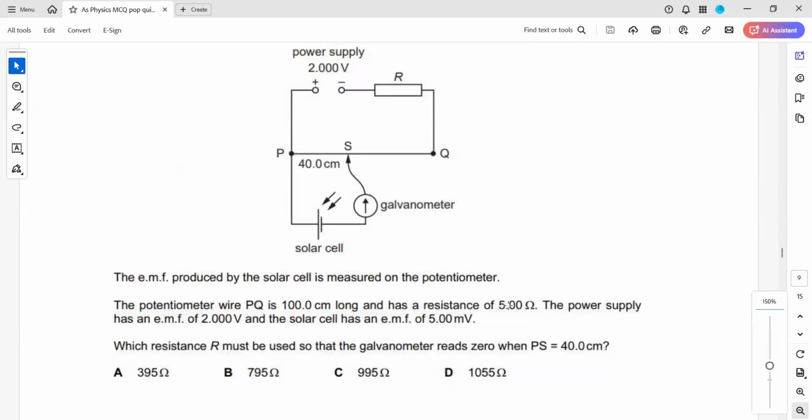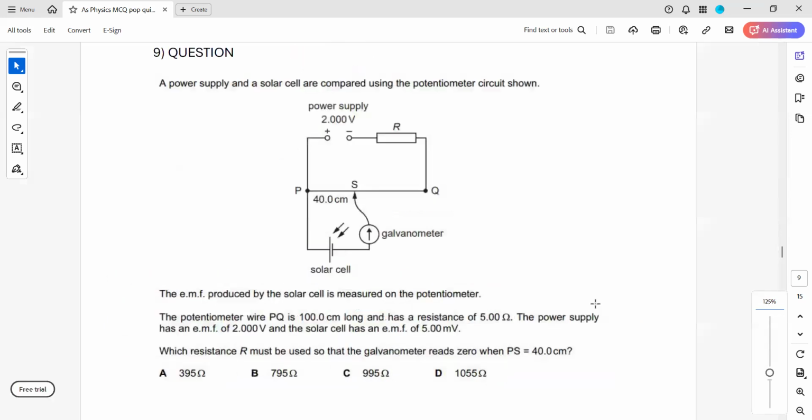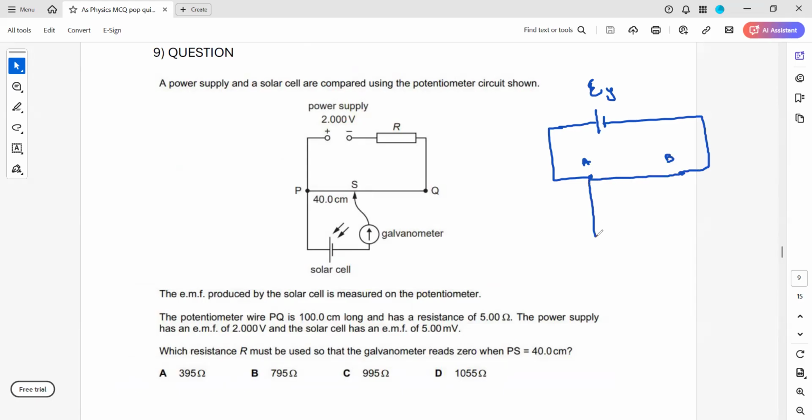Okay. Look, in question 9, just recall the idea of a potentiometer. What is the concept of a potentiometer? Let's say you have a supply which is having a voltage of EY, and there's a wire connected here, and the wire is having, for example, a length of AB, and there's another supply with a zero-sensitive galvanometer.